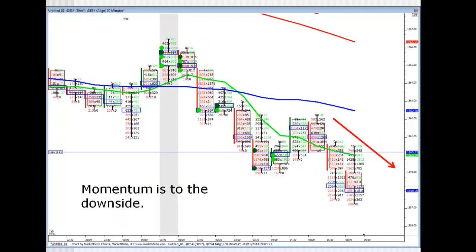Well, sure enough, we come close right here. We test, and as I had anticipated, the negative pressure is still strong in this area. The seller, who is participating back here, continues to supply the market, and sure enough, when we come back for a retest of that level, we see prices drop significantly back down.